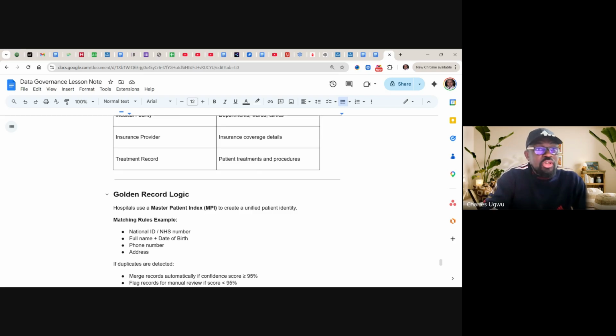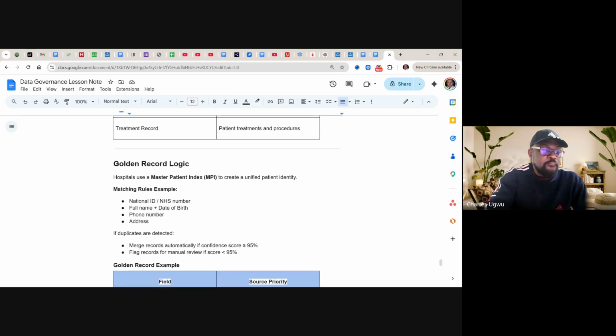But in a situation where you don't have national ID, organizations can say, okay, if you don't have national ID, you can bring this one as well, it is acceptable. But it must contain full name, date of birth, and things like that. So these are what the matching patient index must contain. That is golden rule logic here.